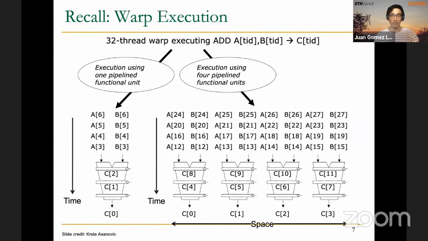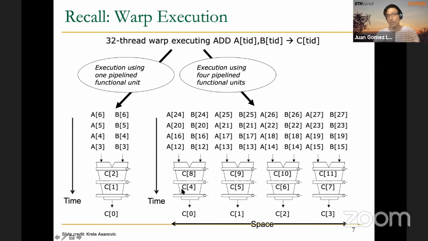And also recall, depending on the number of processing elements that we have, the way that the execution for the different threads happens might differ. If we only have a single functional unit, as in this case, all the threads of the warp are going to be pipelined, so they are parallelized in time.